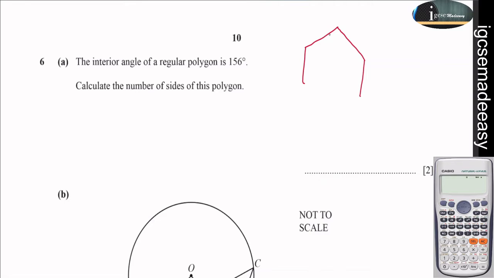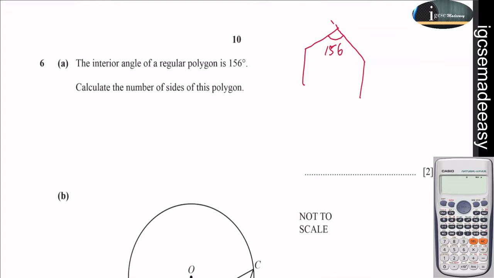Let's say one of the angles is given as 156. This cannot be 156, but let's say this is 156. Then what will be the exterior angle? The exterior angle will be 180 minus 156. So 180 minus 156 gives you 24. So the exterior angle is 24.